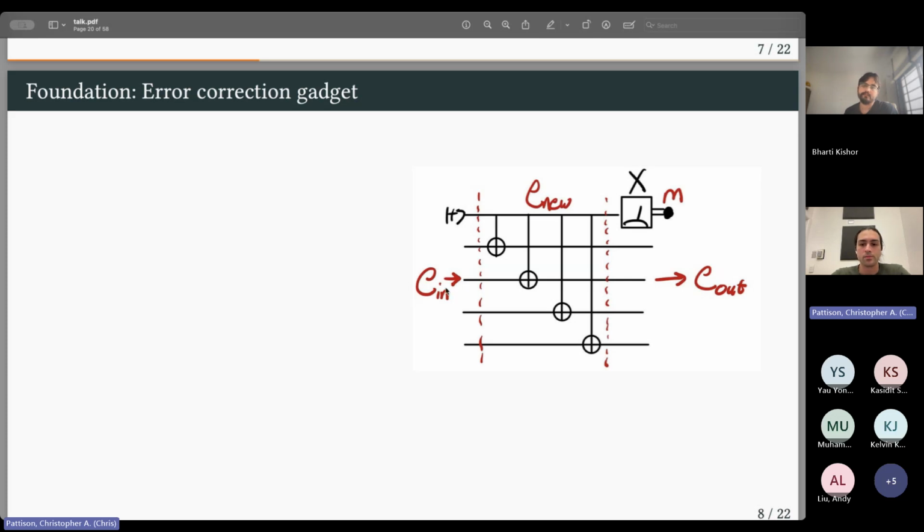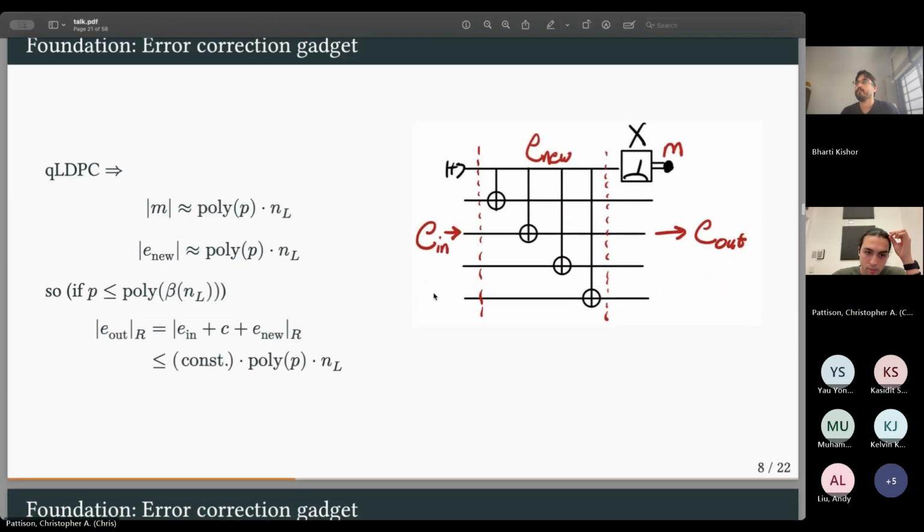The way you should think about this is I'm going to measure the checks in my code. Here's a measurement of the operator X X X X. I'm going to introduce a plus state, perform some CNOTs, and then measure in the X basis. We have some input error, which is going to be detected. We have some new errors applied in the circuit, some measurement error, and then the sum of the new error and the input error.